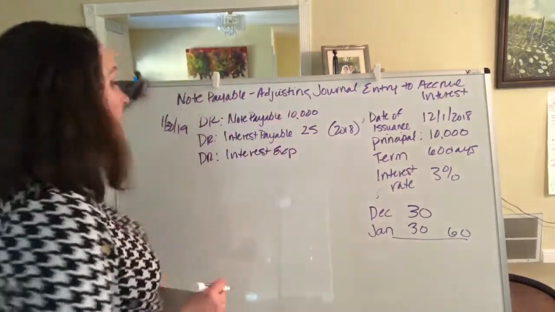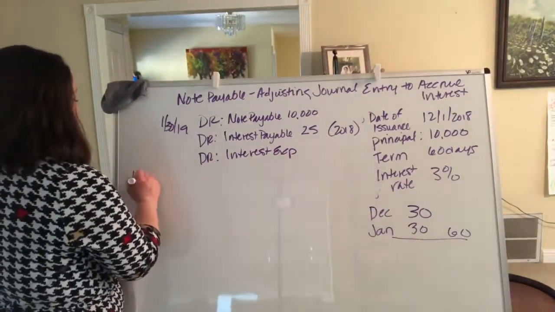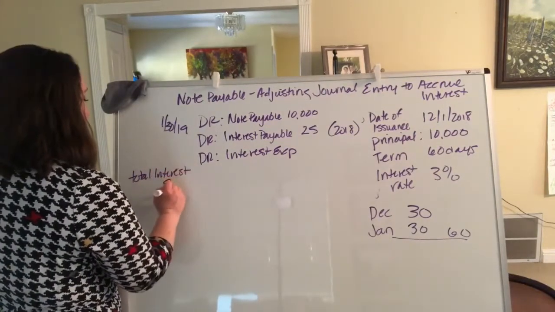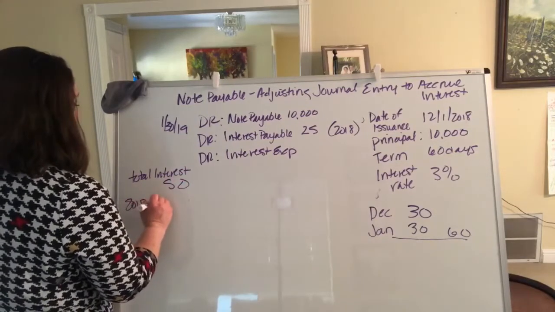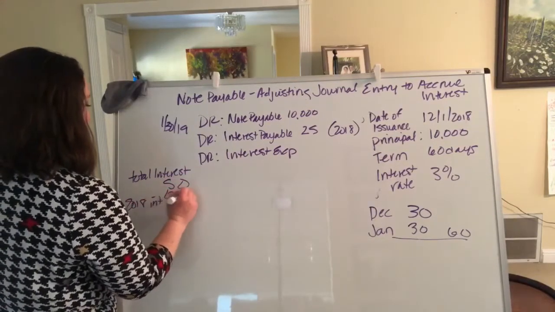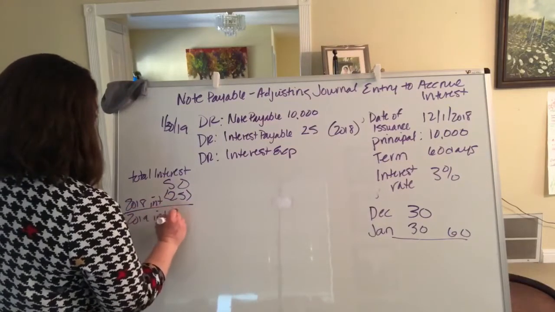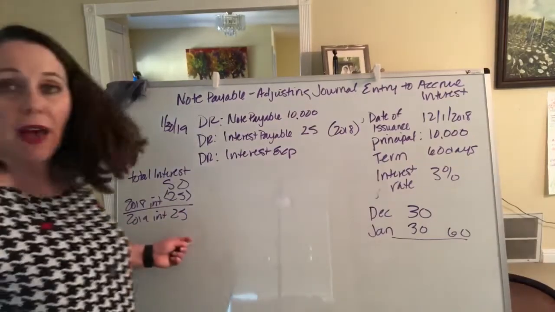And to calculate that, we calculated last time on the previous board that total interest was 50. 2018 interest is 25. So our 2019 interest is going to be 25 as well.